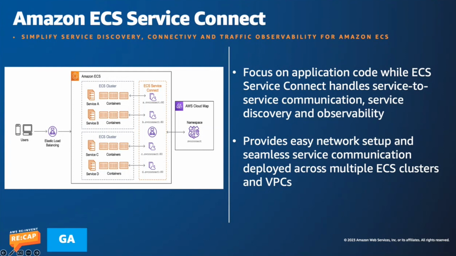So this is exactly where ECS Service Connect comes in, since it provides an easy network setup and seamless service communication deployed across multiple ECS clusters and VPCs. So in other words, this is a service mesh for ECS, which streamlines the overall process to consume services using multiple ECS clusters and multiple VPCs deployed across multiple AWS accounts.